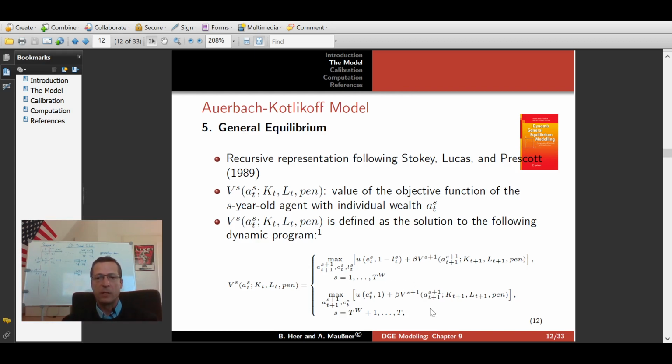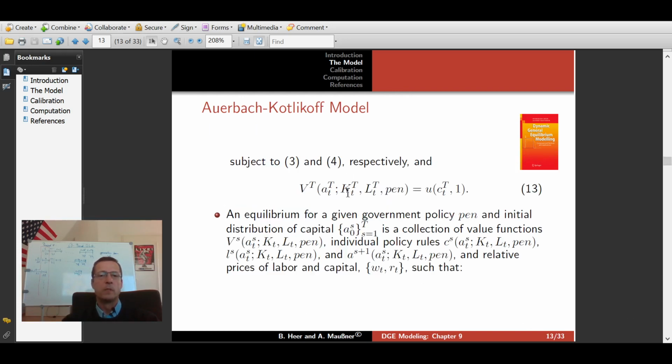In the last period of life, of course, we know that we do not live for another period, so our optimal value function is just the utility in this period where we consume all income. So we start with the last period and can use a recursive computation.